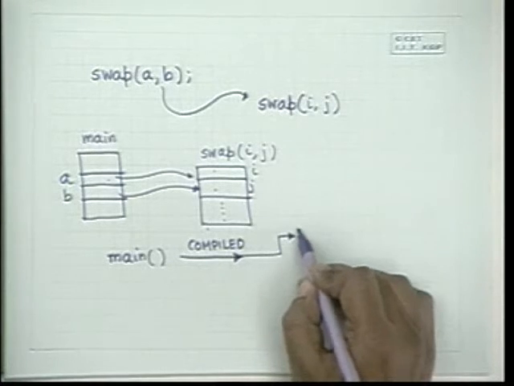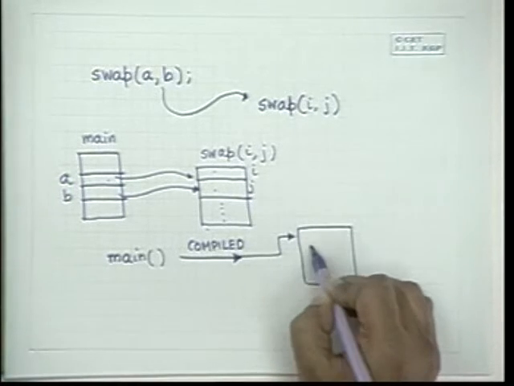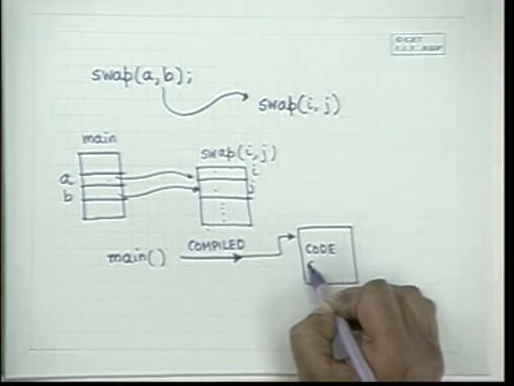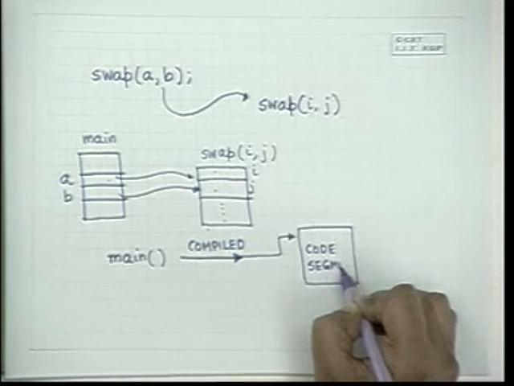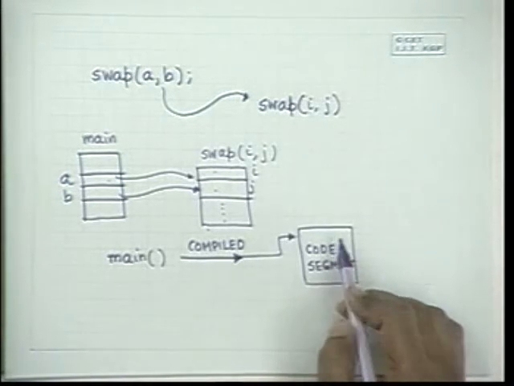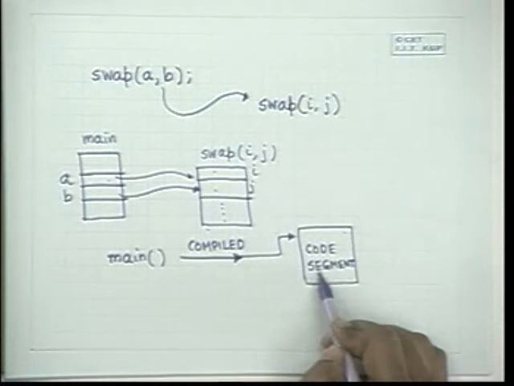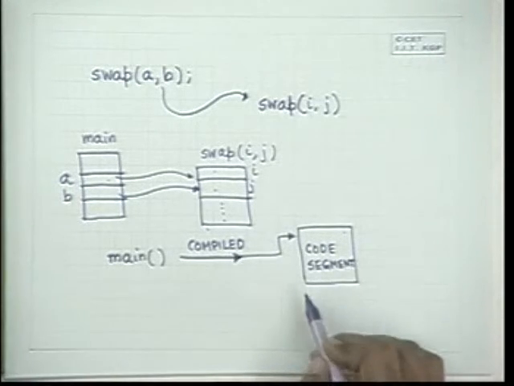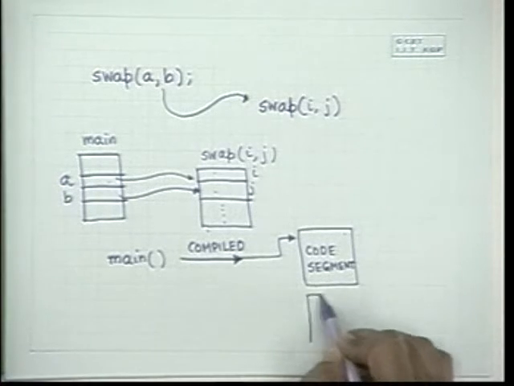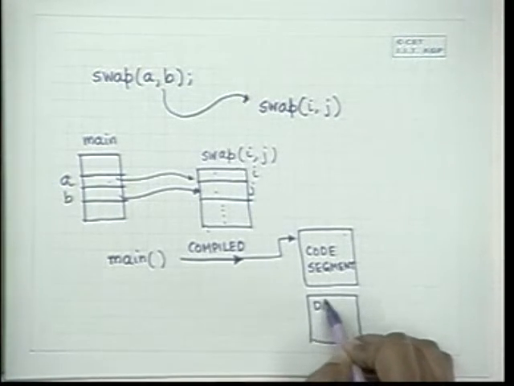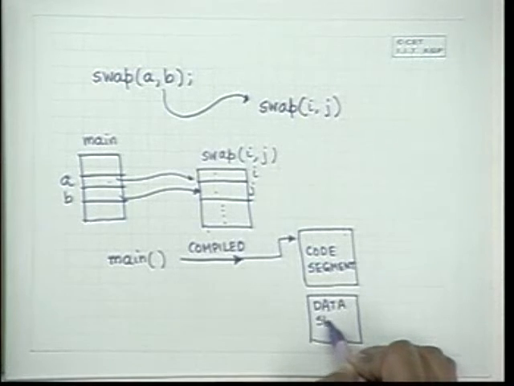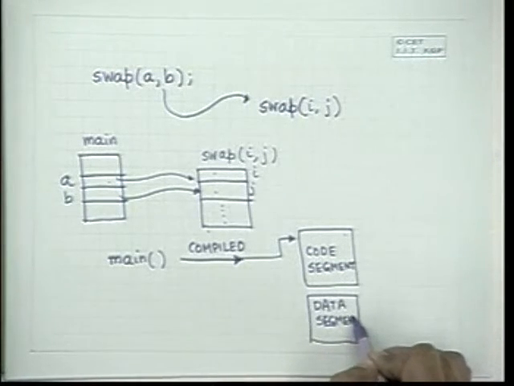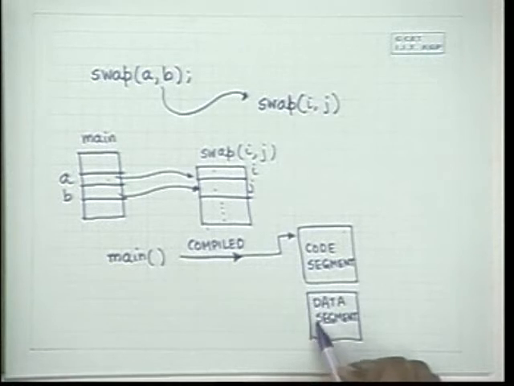One is called the code segment, which contains the machine code for the program and some locations for certain types of data. And the other part is called the data segment, which contains all the local variables of a particular function, whether it is main or whether it is something else.